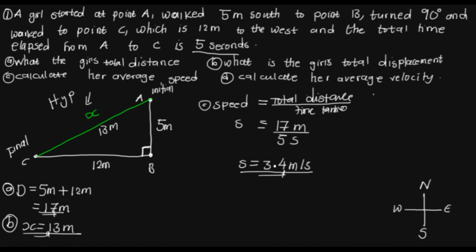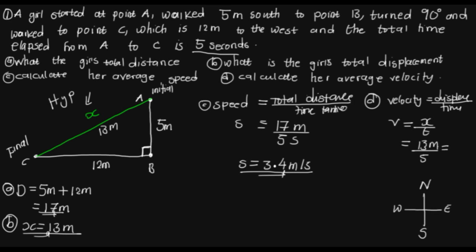Now let's look at the last part. Here we are going to find the velocity. This is equal to displacement over time. The displacement, which is x, we said was 13 meters, divided by the time, which is 5.